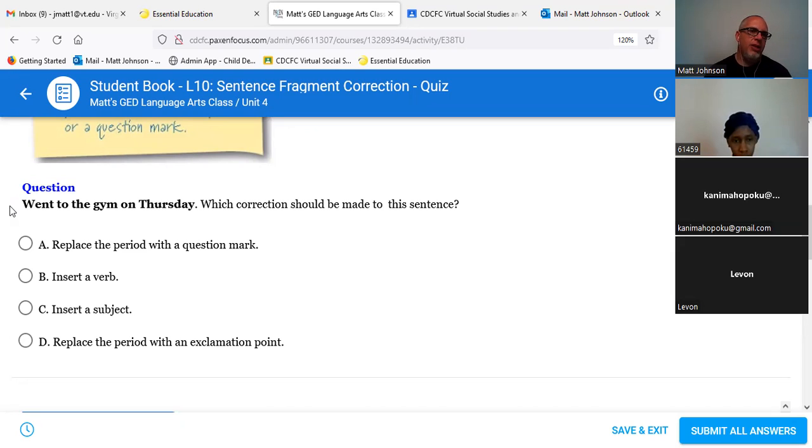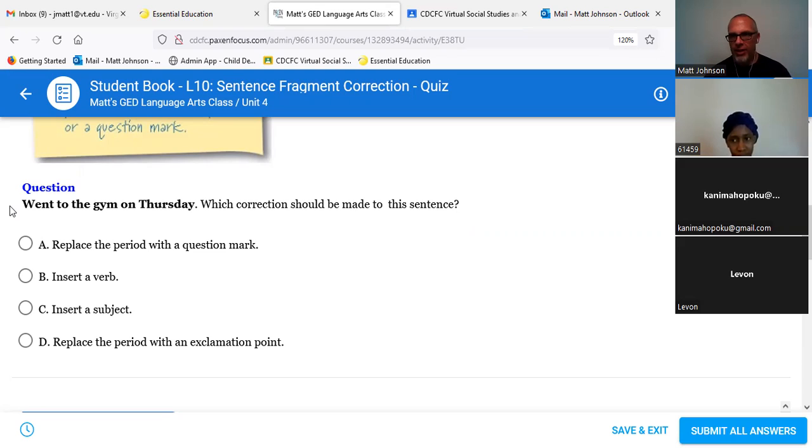Went to the gym on Thursday. How do we correct that sentence? B. Insert a verb. We got a verb. We have went. It's subject. Yeah, there you go. Subject, right?